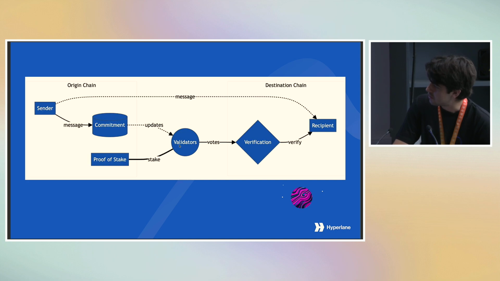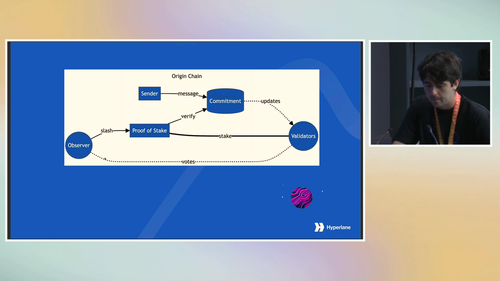So these validators are signing these message commitments. Their signatures are used for the verification on the destination chain, and they have stake that's up for slashing. Okay, so what does this actually look like? How do we slash these validators? One interesting thing is we have a really nice slashing condition on the origin chain. I mentioned earlier that when you dispatch a message, it's put into this Merkle tree.